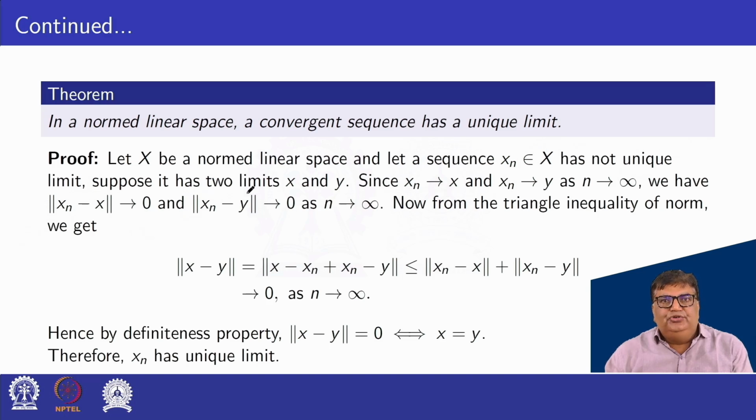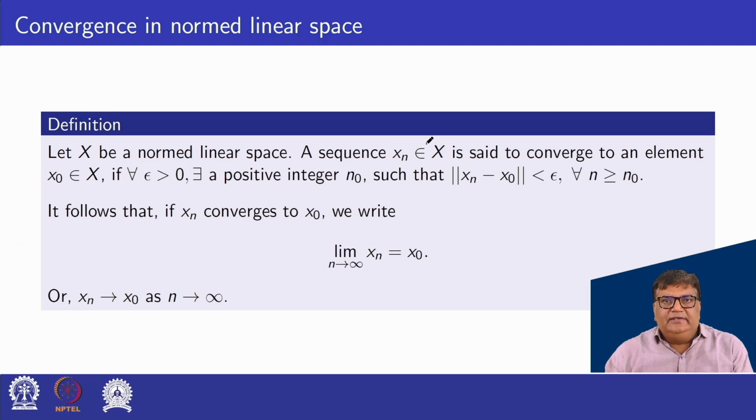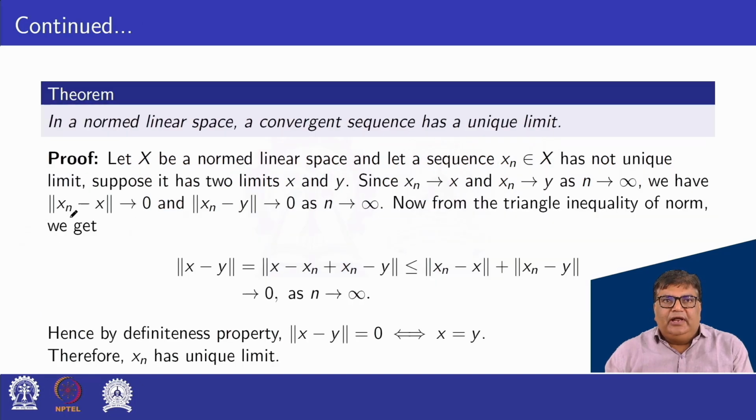Suppose it has two limits x and y. So as per the definition, if xn converges to the point x0, then norm xn minus x0 tends to 0. So here norm xn minus x tends to 0 and norm xn minus y tends to 0, because it has two limits x and y, as n tends to infinity.